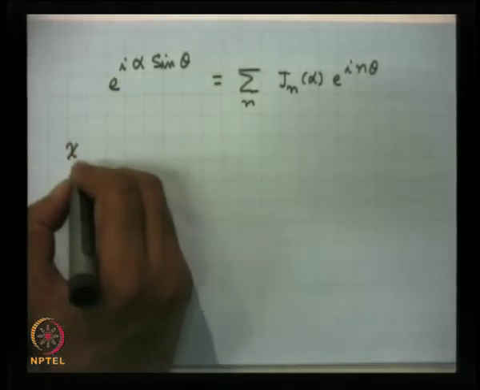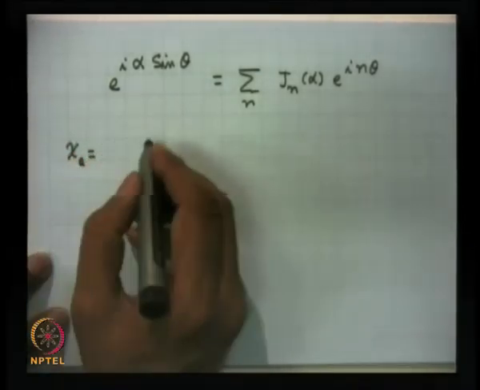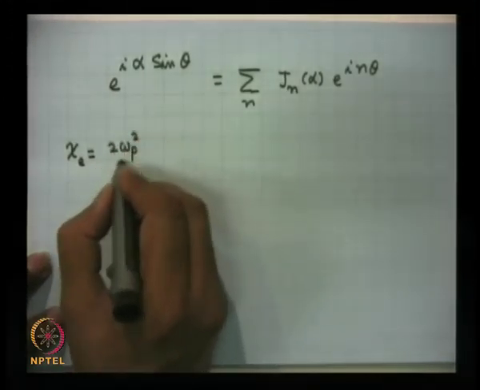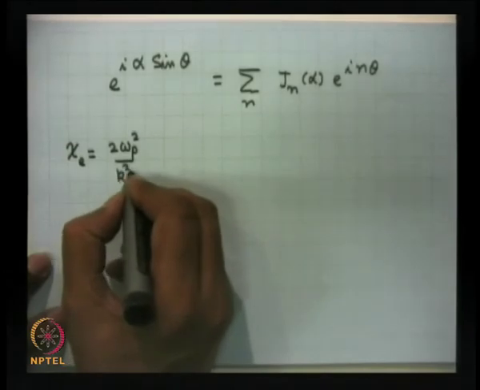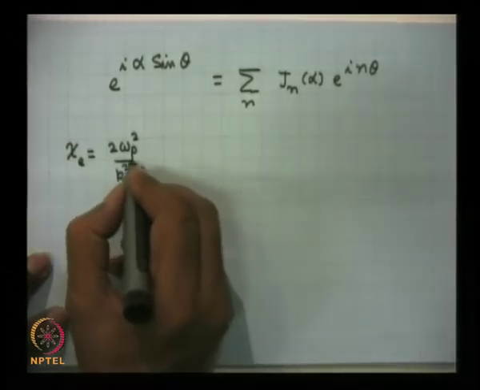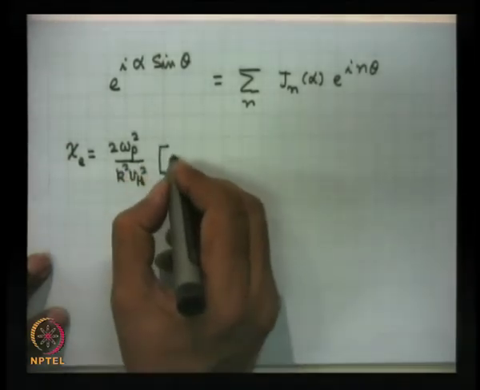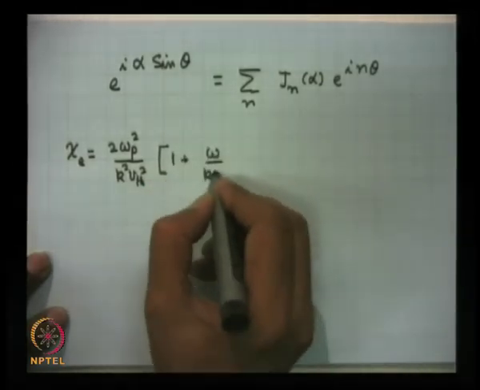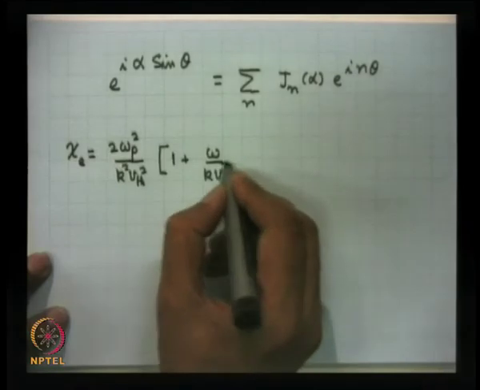what you get is an expression for susceptibility, which is equal to 2 omega p square by omega k square v thermal square, into 1 plus omega upon k v thermal, kz v thermal.